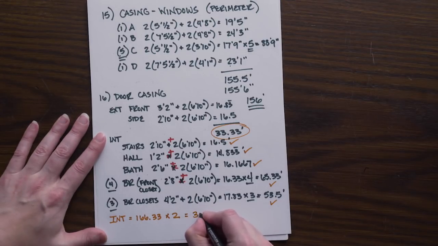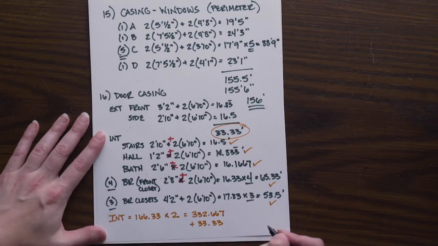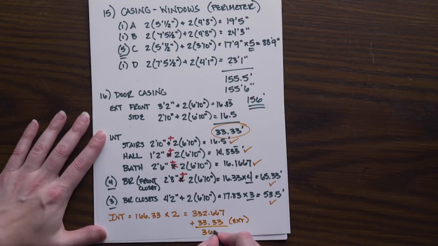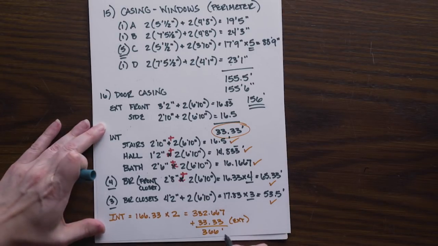Gives us 332.667. And then we add in our exterior, the 33.33. Gives us exactly 366 feet for our door casings.